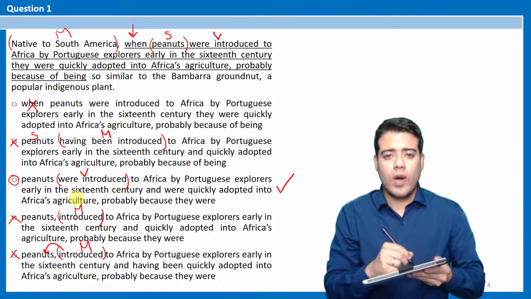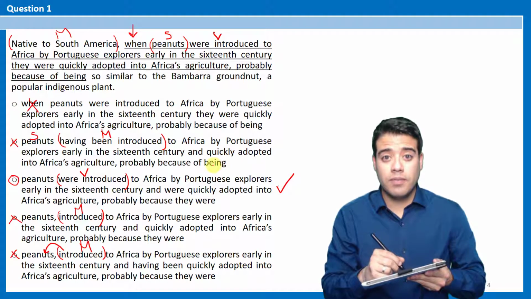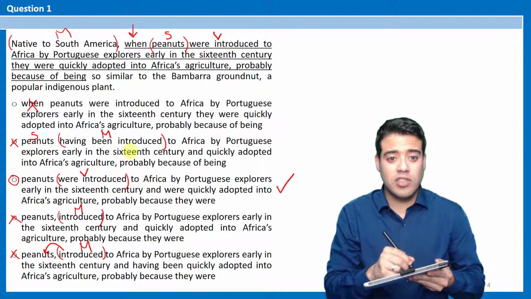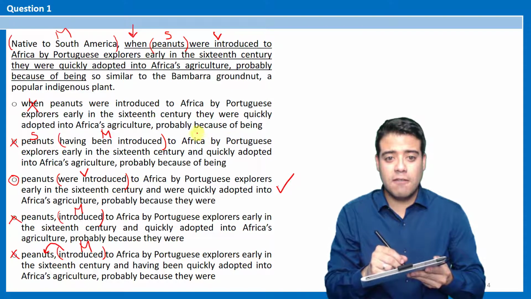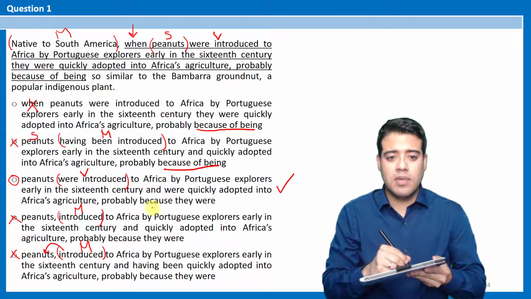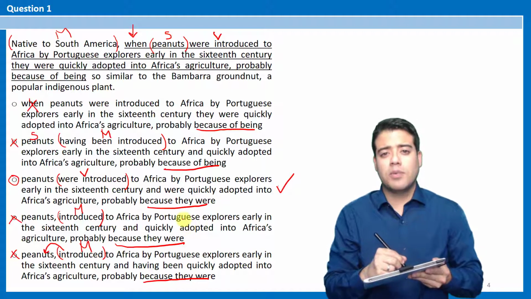Okay, so what is the strategy? You need to focus on the subject and the verb. Eliminate modifiers and then look for differences among the answer choices. For instance, I never mentioned this difference at the end, because of being versus because they were. And remember something, if you use because, you have 2 options.